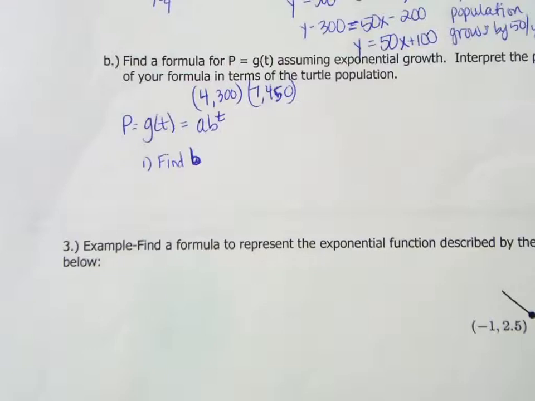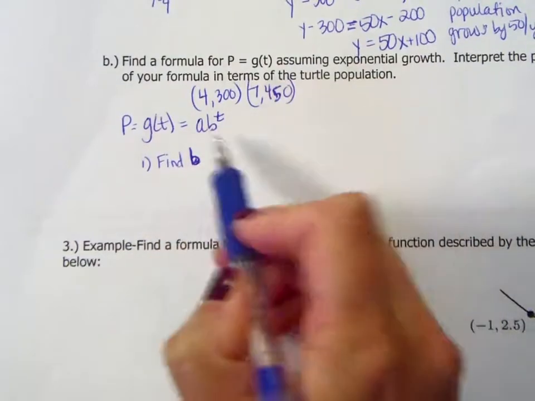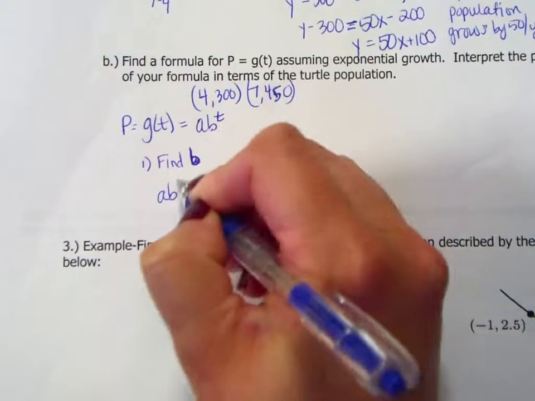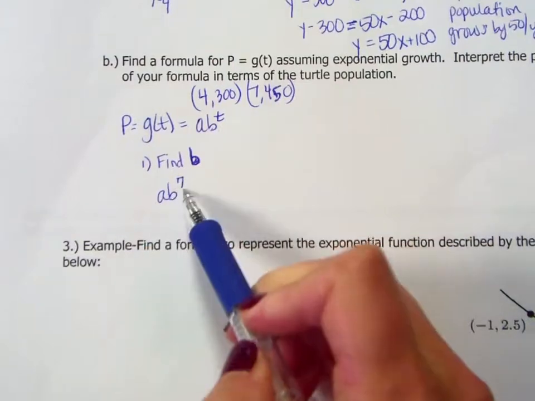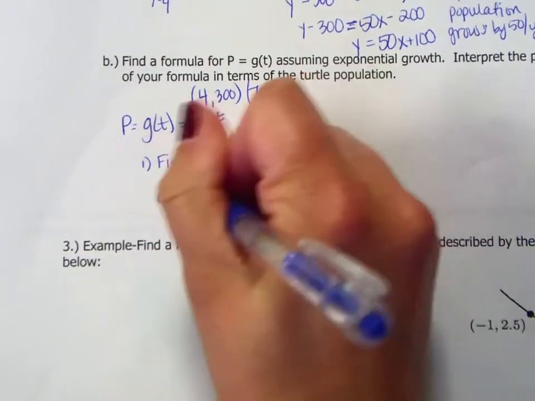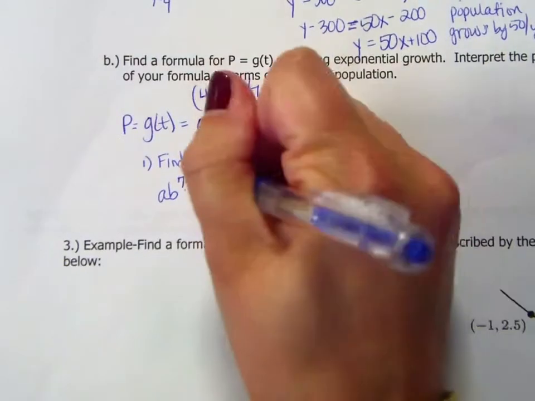Think back to what I told Rachel earlier, that in our ratio for these successive values, we want the bigger one on top. So keep that in mind here. So I know that a b to the 7th, meaning after year 7, how many turtles did I have? 450.